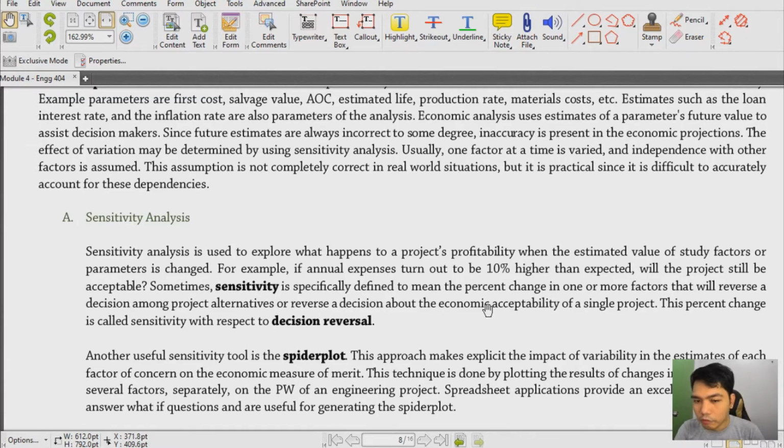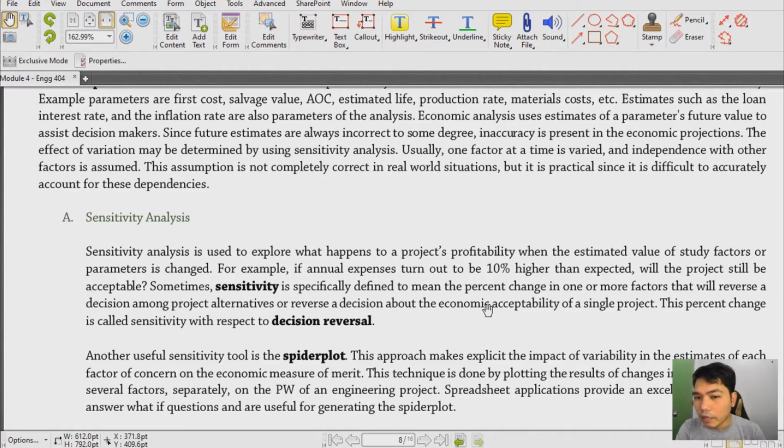When we say decision reversal, we're referring to any point wherein let's say from a standpoint na economically justifiable itong project na to, then after some adjustment to the parameters that we have set, magkakaroon tayo ng opposite decision na, meaning hindi na to nagiging economically justifiable. So that means that at this point, there is a decision reversal.